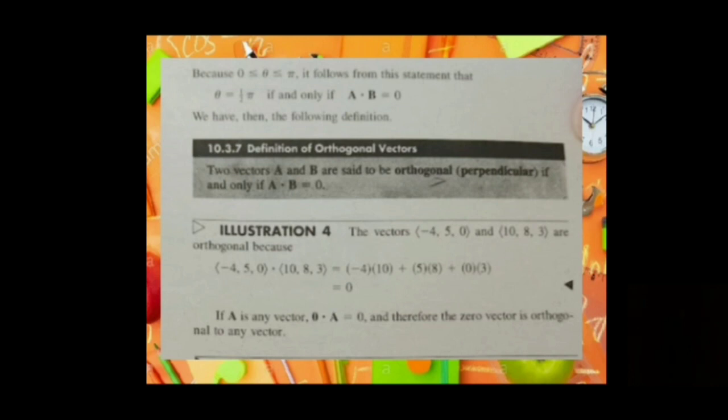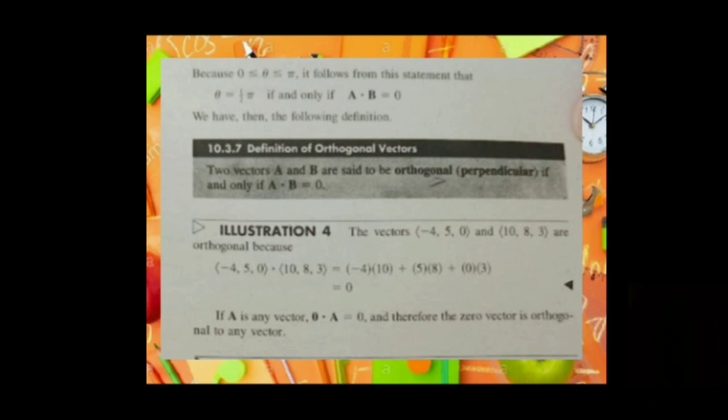It follows from this statement that theta is equal to one half pi if and only if A times B is equal to 0. We have then the following definition. 10.3.7 Definition of orthogonal vectors. Two vectors A and B are said to be orthogonal (perpendicular) if and only if A times B is equal to 0.